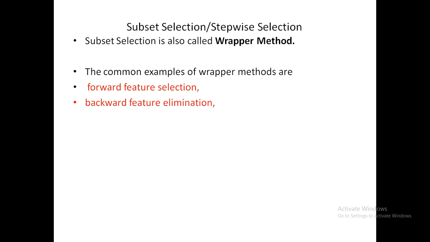Coming to the example of wrapper method, that is subset selection, sequential feature selection. The two common examples are forward feature selection and backward feature elimination. Let us see what those are.